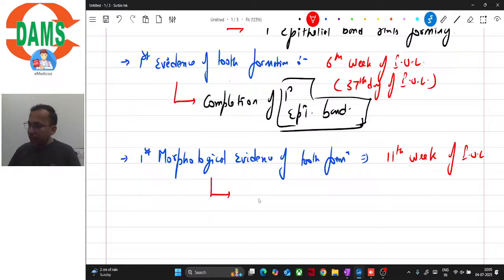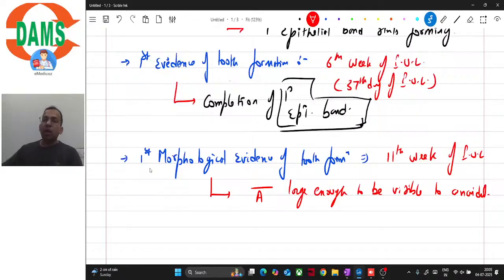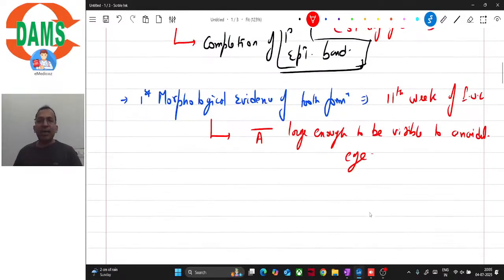At that time, the tooth bud of the lower primary central incisors is large enough to be visible to the unaided eye. So you don't need a microscope to visualize this tooth bud.